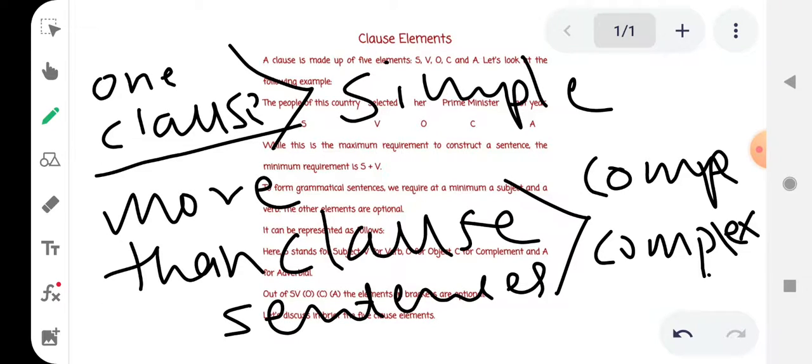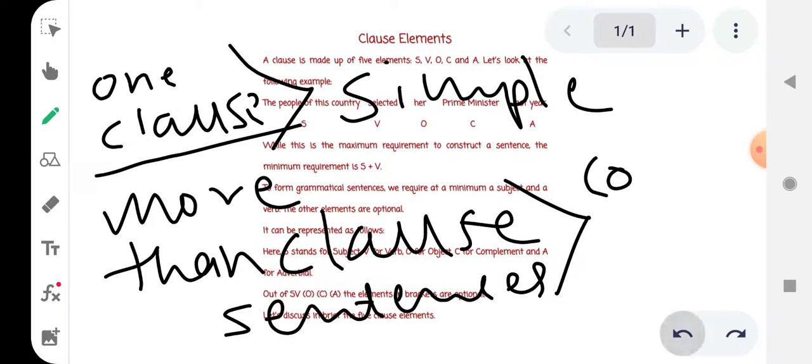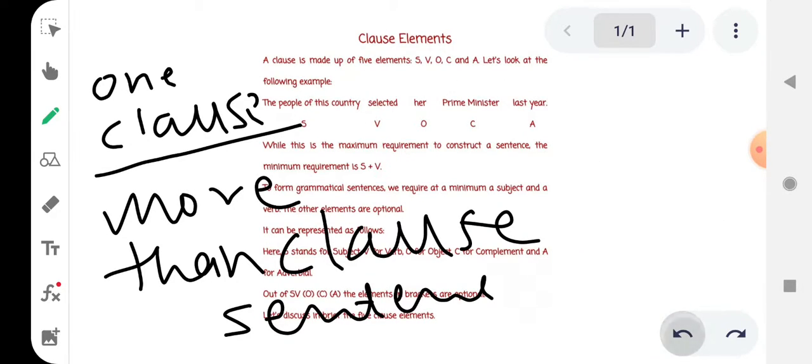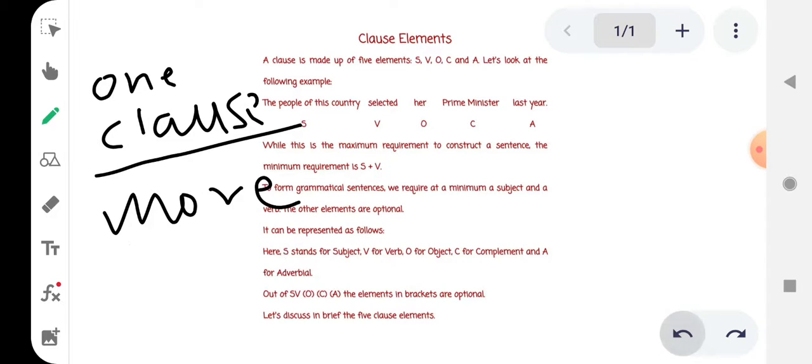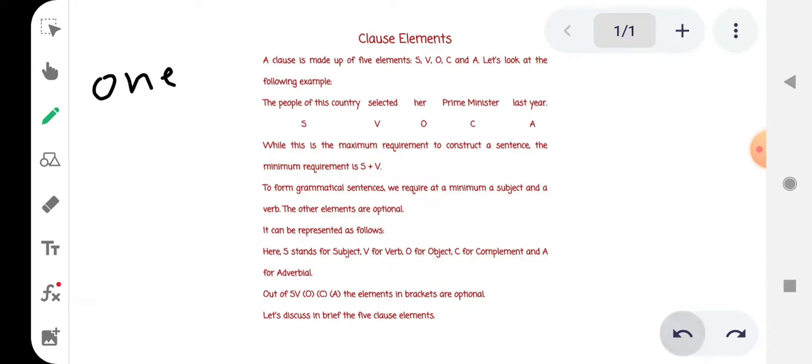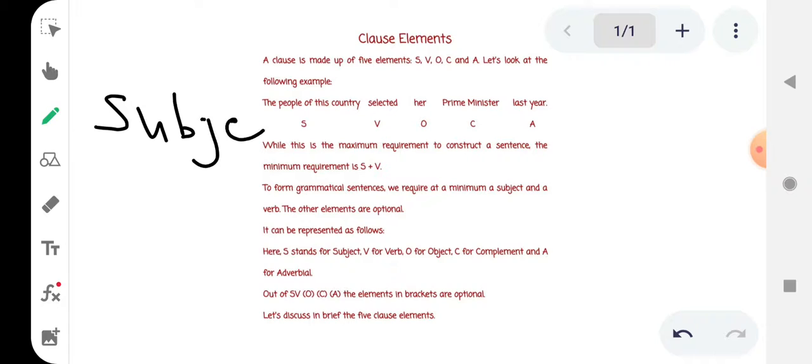Okay. One clause sentence means, I'll repeat here once again, one subject plus one predicate.